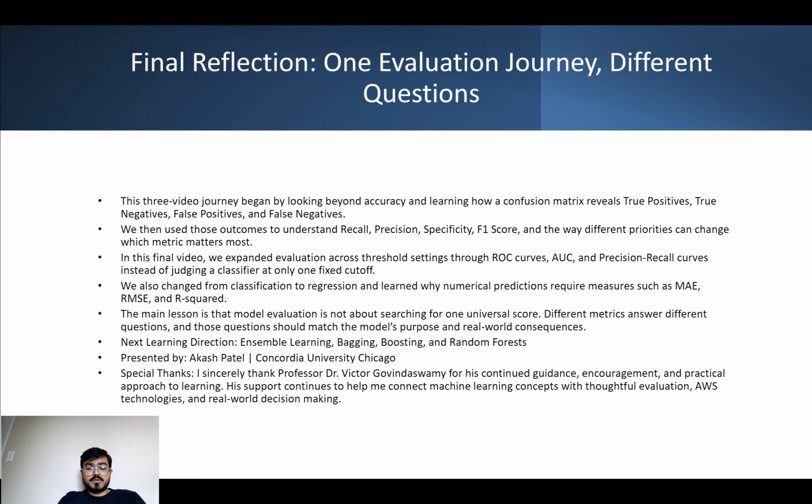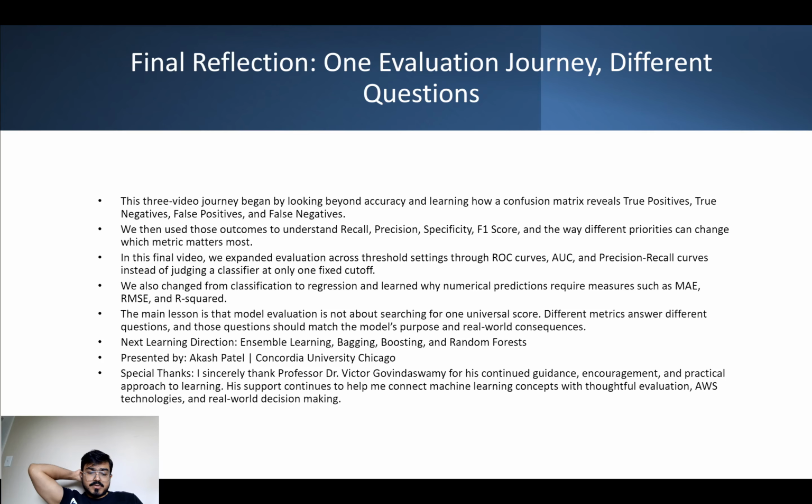We explored the confusion matrix and learned how every prediction becomes either a true positive, true negative, false positive, or false negative. In the second video, we used these four outcomes to calculate important evaluation metrics such as recall, precision, specificity, and F1 score. And in today's presentation, we expanded our understanding even further.